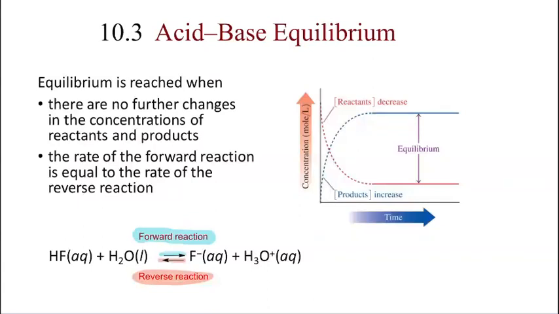As you can see, as the reaction's time progresses and we look at the concentration, our reactants is going to decrease. And it makes sense because the reactants are turning to products. The products curve, which is the blue line, is going to increase. And when we don't have changes in the concentrations of them, that's when we say that the reaction is in equilibrium.